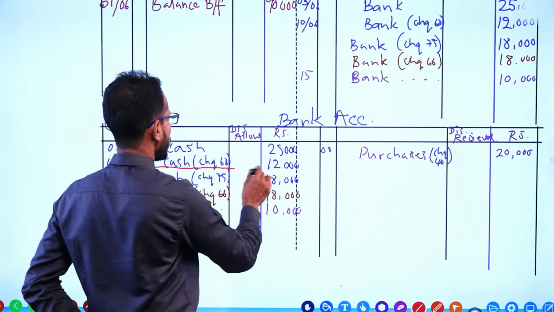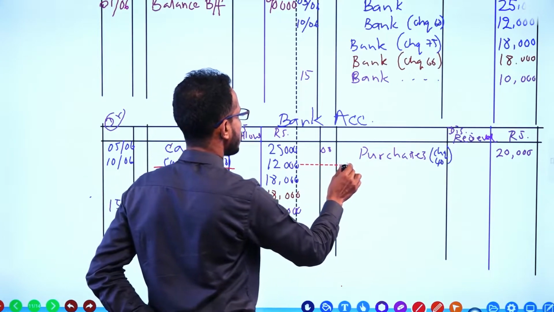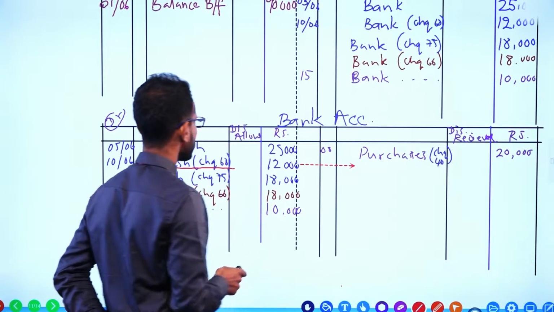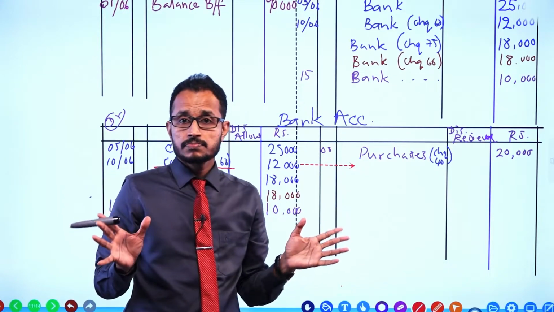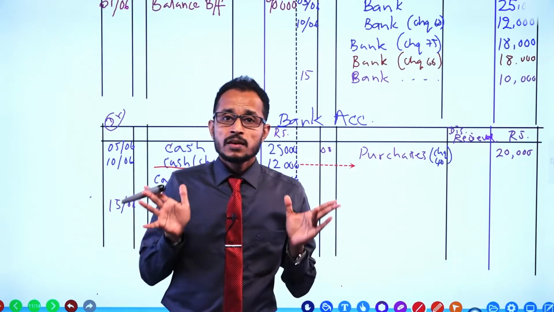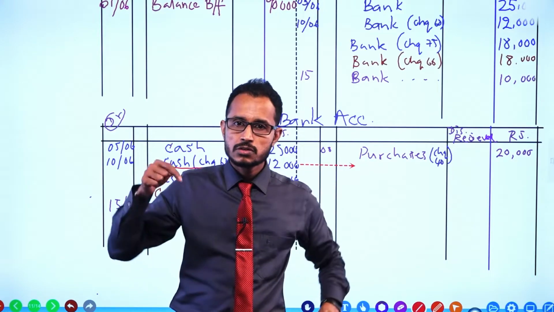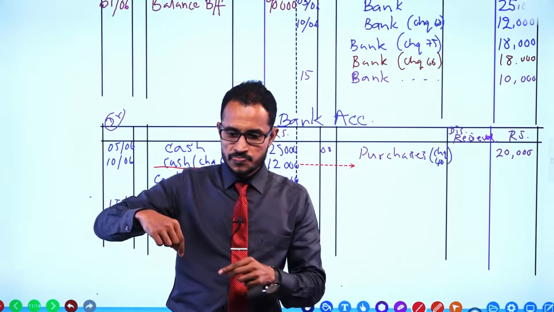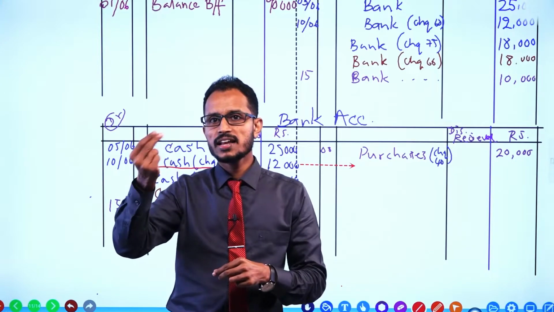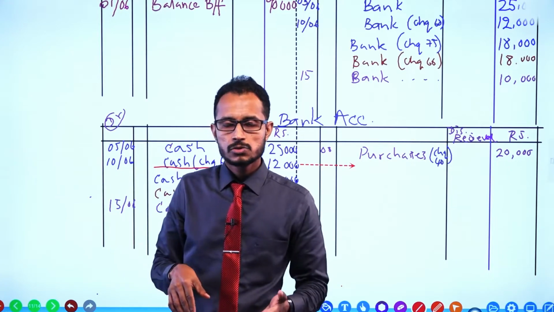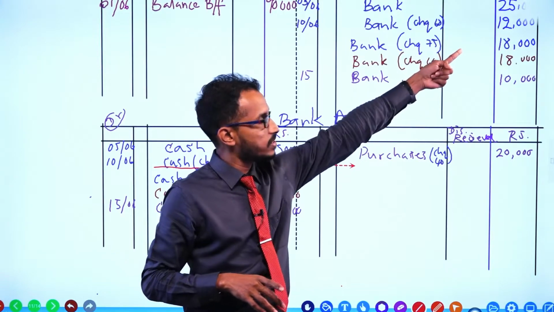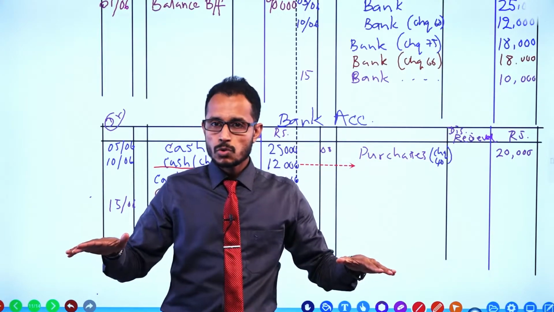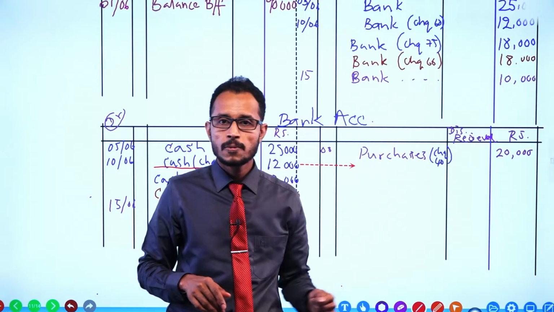This entry should go to the credit side of the bank book. But cash book is not involved here because the check was in the cash till, and we took out the check from the cash till and sent it to the bank. So cash decreased and cash book was credited. End of story. There's nothing more in the cash book.